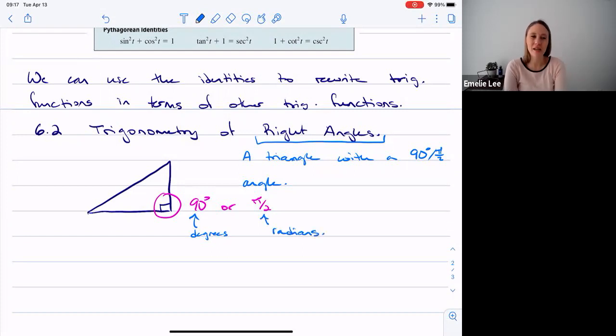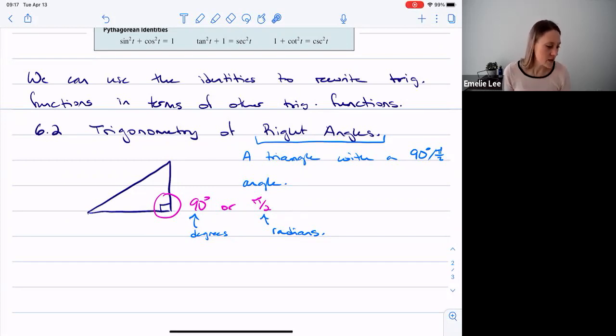Radians don't really have any units. Sometimes we'll say rad just to emphasize that it is in radians, but if there are no units, then for sure you should be in radians. If you have degrees, then your calculator should be in degree mode. And if you don't have any units, or if it clarifies that you're in radians, then your calculator has to be in radian mode.